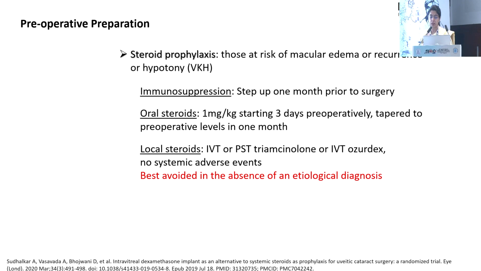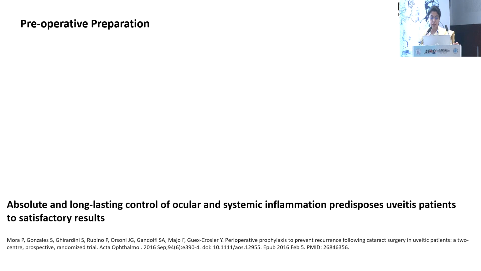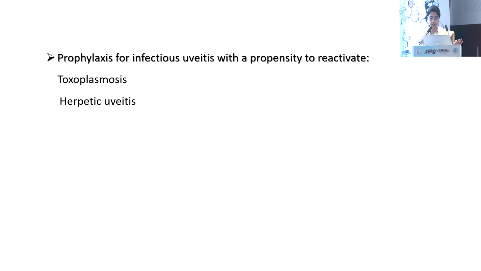Local steroids, intravitreal or posterior subtenon or intravitreal DEX implant, can be given when the uveitis is unilateral and when you know the etiological diagnosis. Please avoid local steroids in the absence of an etiological diagnosis of uveitis. Absolute and long-lasting control of ocular and systemic inflammation is most important in these eyes for satisfactory results.